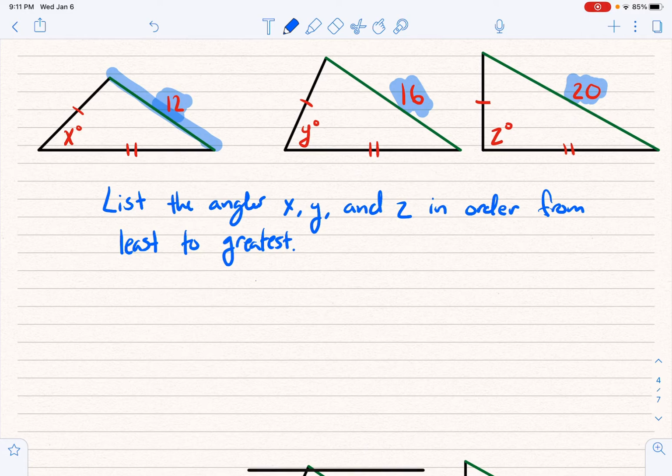We can see that the side 12 is smaller than 16, which is smaller than 20, and that 12 relates to X. So therefore, X is smaller than Y, because that relates to 16, which is smaller than Z. And so this works if we know information about the sides, then we can look at information about the angles. And if we know information about the angles, then we can figure out things about the sides.